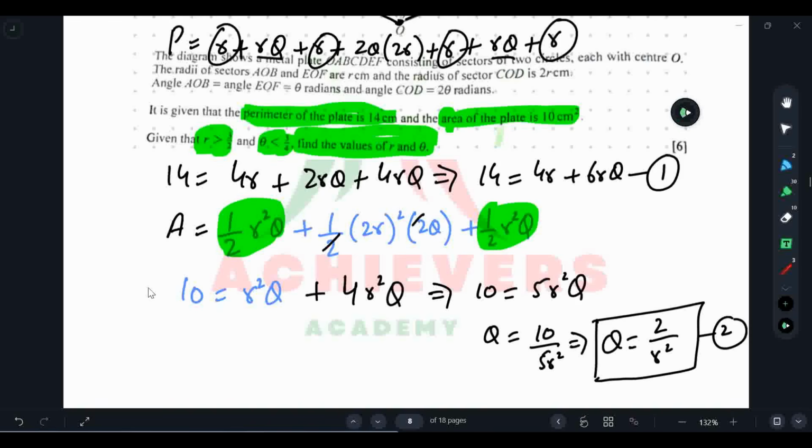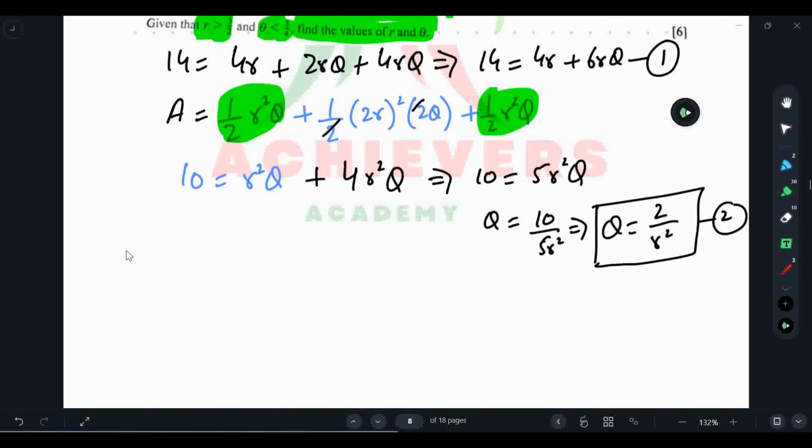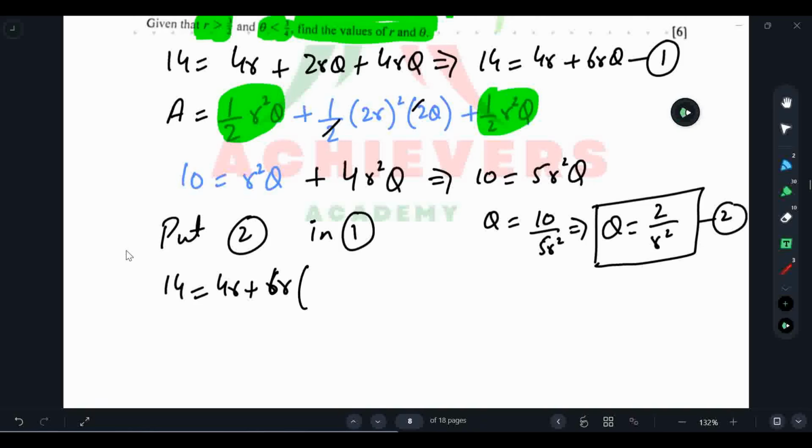Now what we have to do is put equation 2 in equation 1. So how can we simplify it? Put 2 in 1. We will get 14 is equal to 4r plus 6r times 2 by r², so 14 is equal to 4r plus 12 by r.